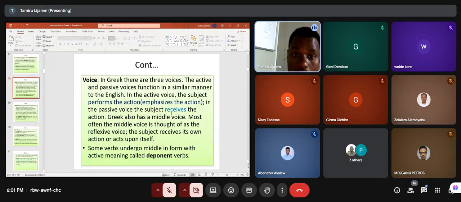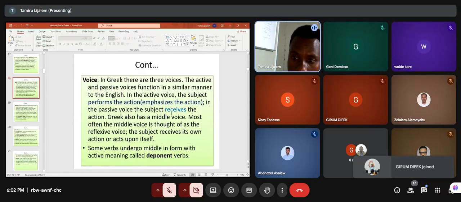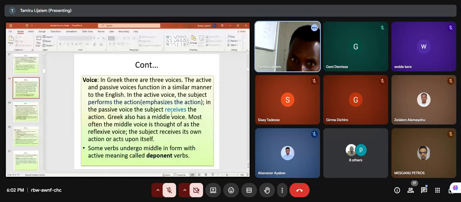So it is better to give passive voice, middle voice, and active voice separately in each portion. Today we will discuss the passive voice and the middle voice, not only the English part but also the Greek counterpart. I will prepare the active voice for the next lesson.